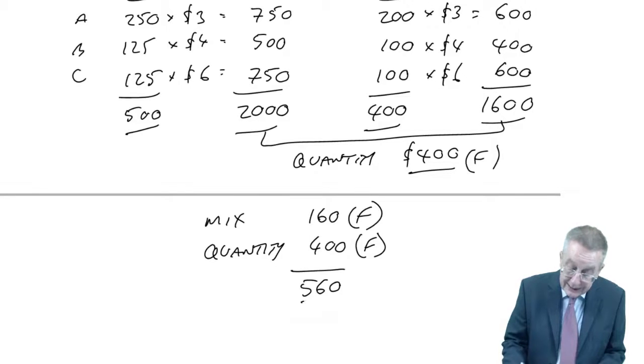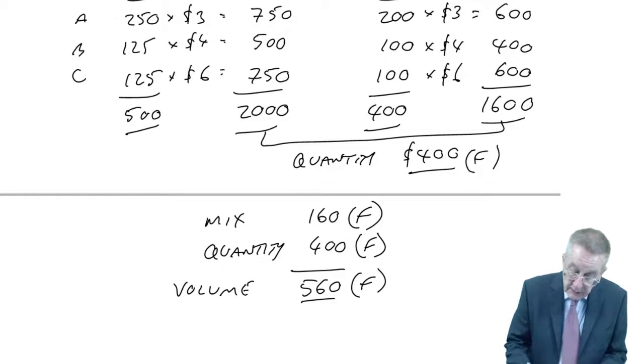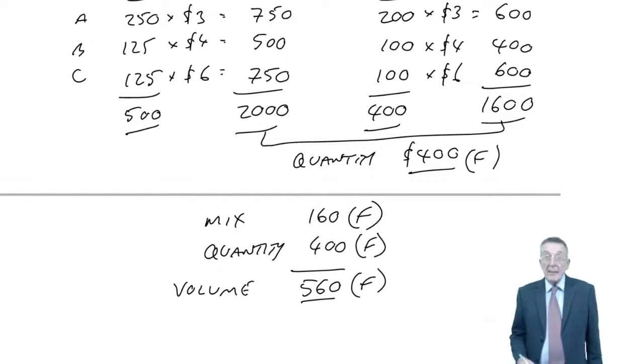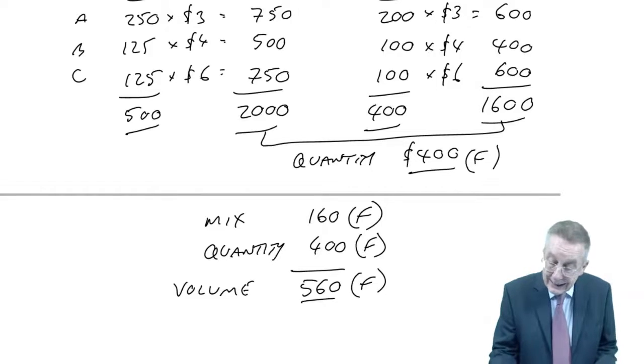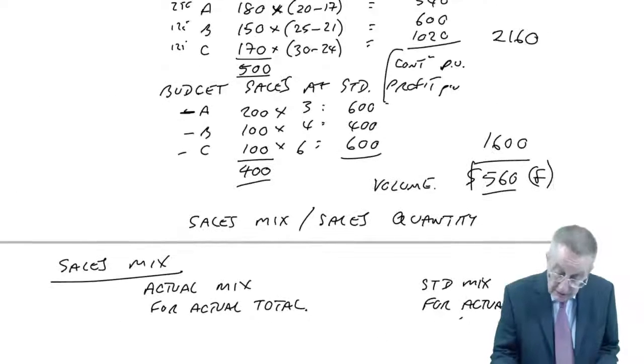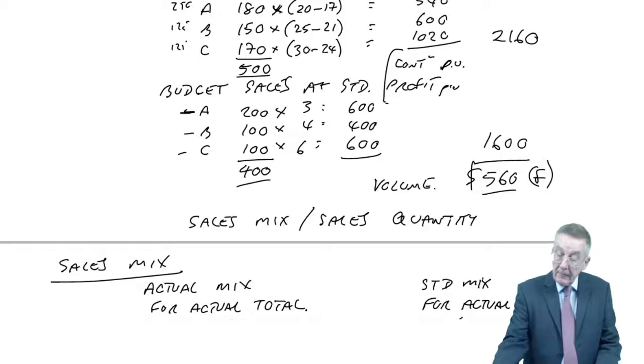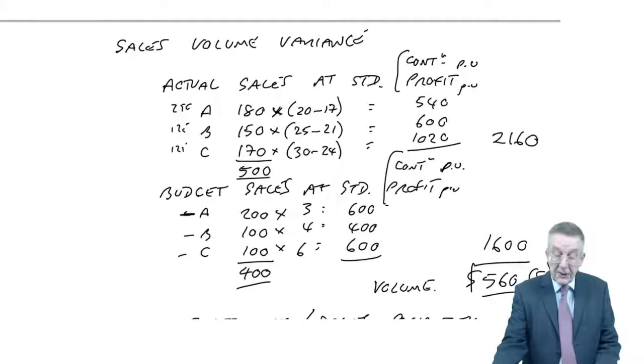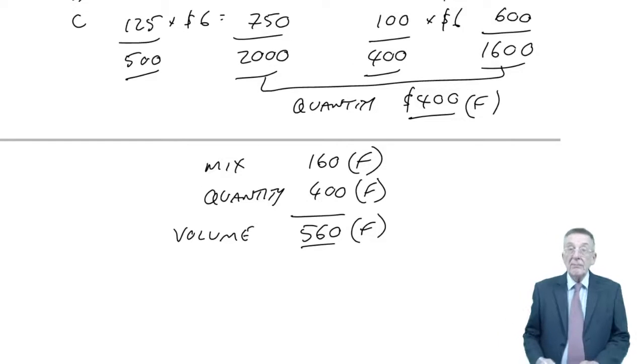So in total, the volume variance should have been 560. I better check back and make sure. Phew. That's good, otherwise I'd have had to start all over again. But the volume variance, 560.